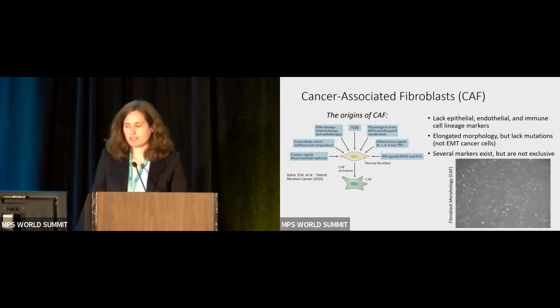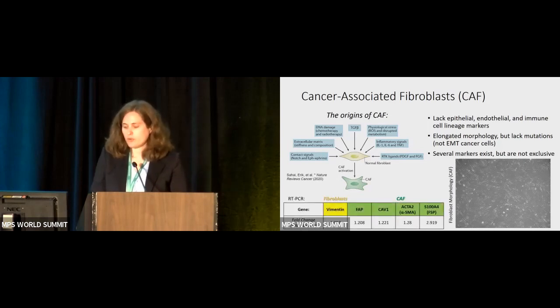But they should definitely lack epithelial, endothelial, and immune cell lineage markers. And they have elongated fibroblastic morphology, but you want to make sure they don't have mutations so they're not EMT cancer cells. Again, several of these markers exist. They're not exclusive, but they are useful to confirm that you are looking at CAF rather than normal fibroblast.